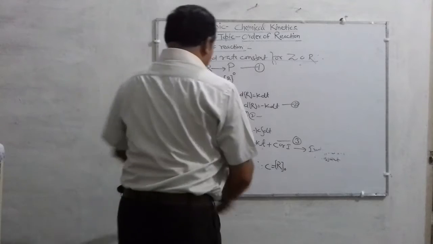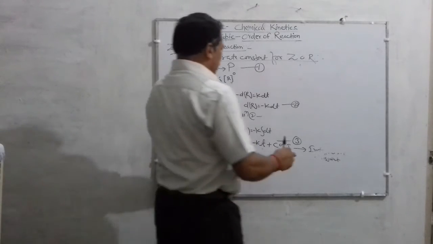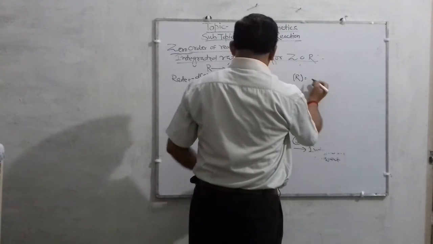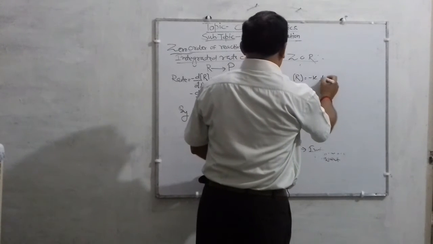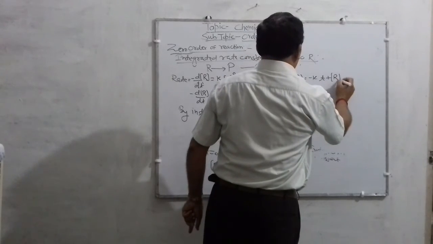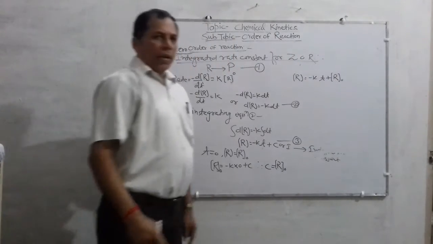Put the value of this C in expression 3. Then R is equal to minus kt plus C, where the C value is R0. Am I right, children?